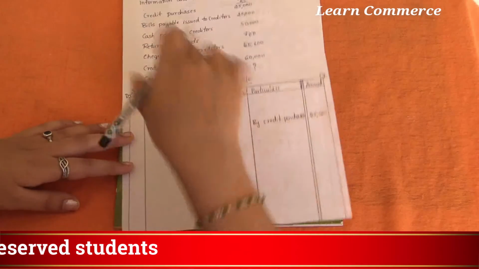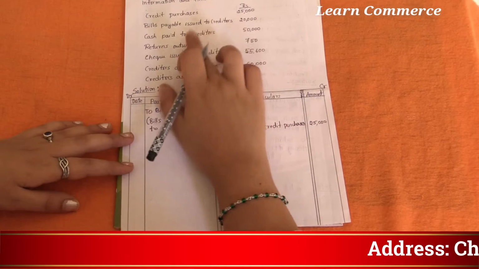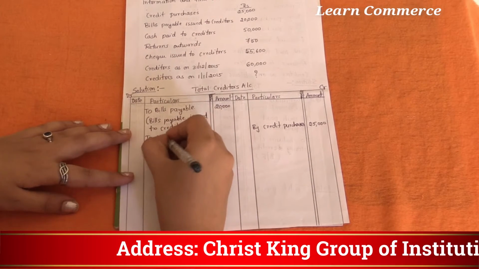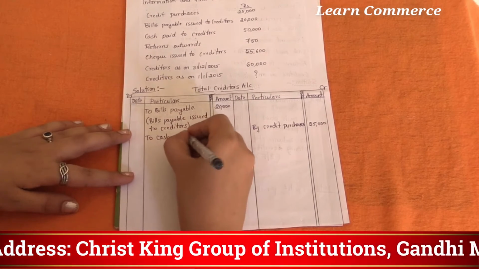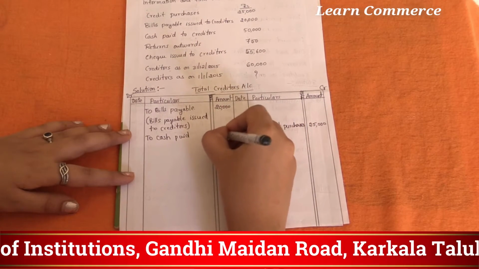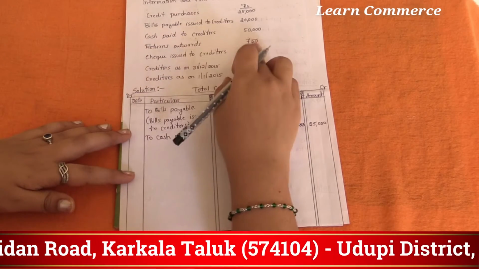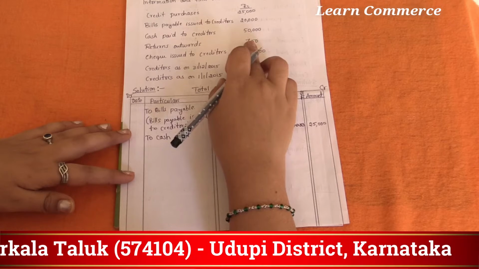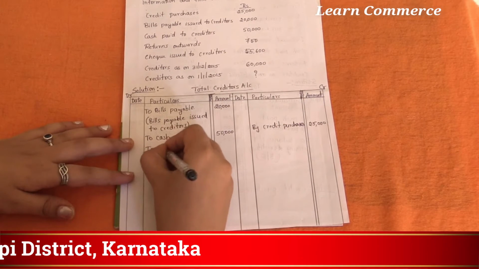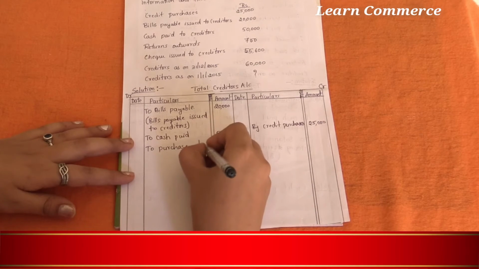Next one, cash paid to creditors 50,000. It should be recorded in debit side to cash paid. The amount is 50,000. Then returns outwards 750. Purchase return, it should be recorded in debit side, to purchase return.